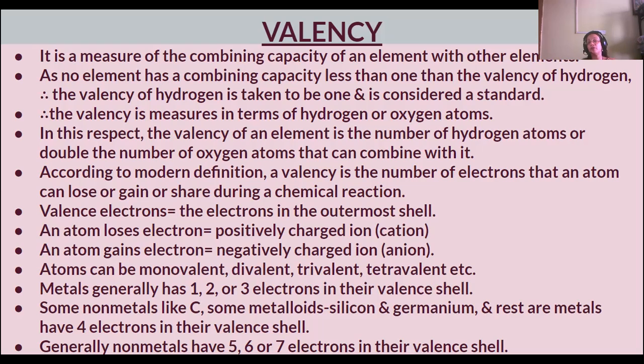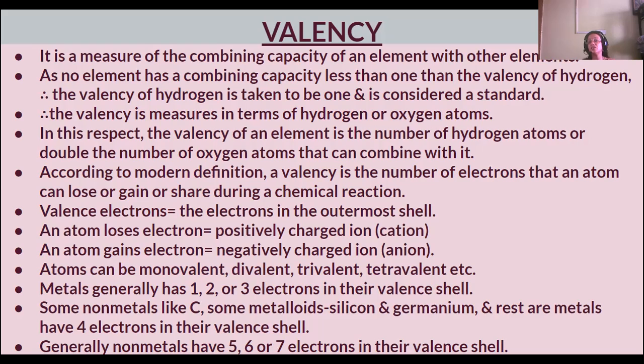See, we consider the valency of hydrogen as 1 because the valency of any element cannot be less than that of hydrogen, that is, less than 1. Therefore the valency of hydrogen is taken to be 1, and that is considered the standard.